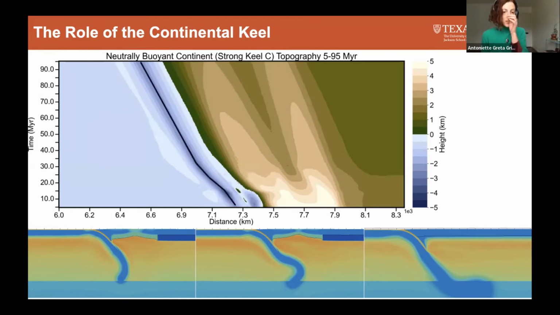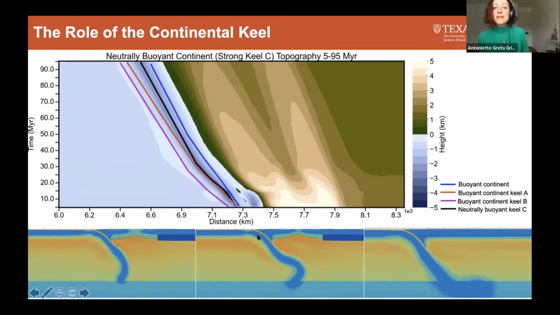If we compare the trench retreat, we can see that the trench retreat for our homogeneous case is still the least trench retreat that we see, so this one in blue. However, the highest amount of trench retreat is once again observed for our homogeneous continent with the widest or the longest extent of continental keel.